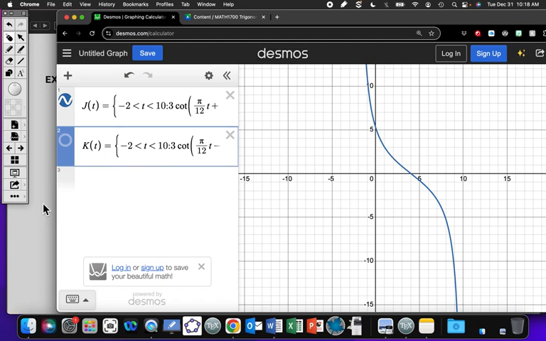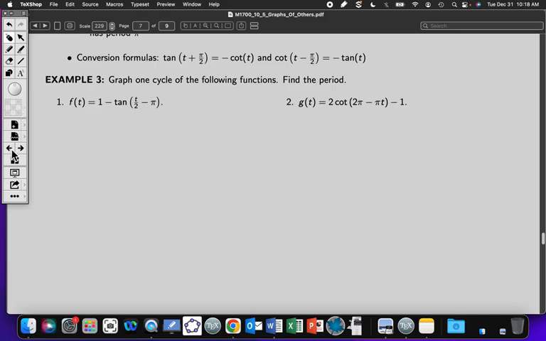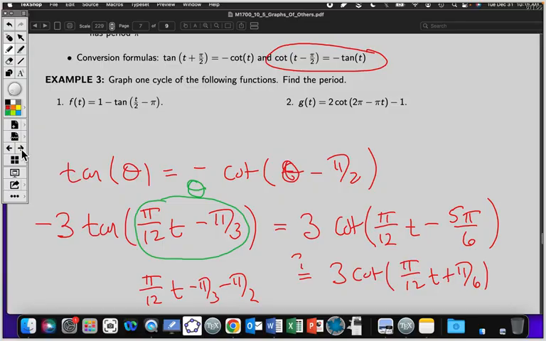They look a little different, but let's remember something: the period of the cotangent function is pi. So the cotangent of something would be the same as the cotangent of that same thing plus pi.